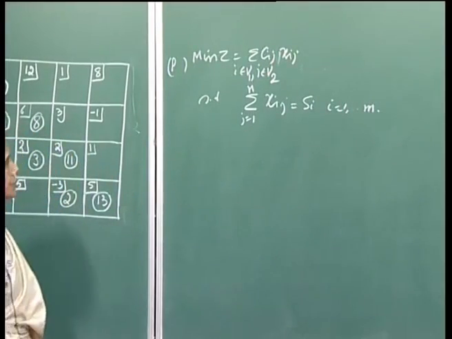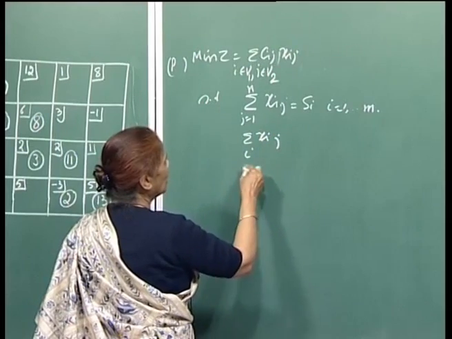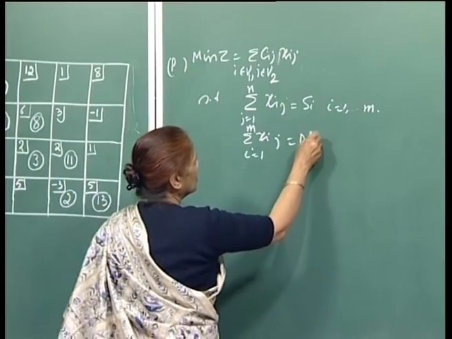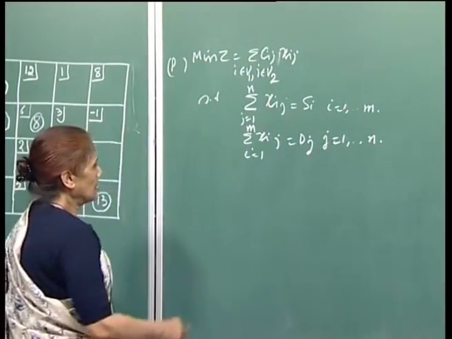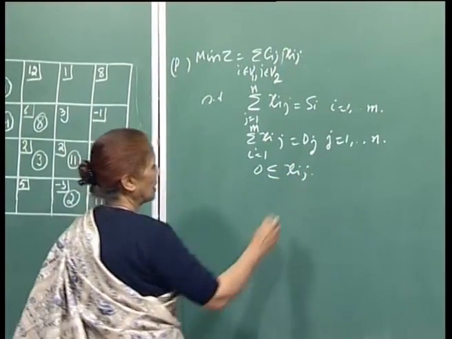These are your supply constraints and summation Xij, summation over i varying from 1 to m is dj, j varying from 1 to n. And right now we are looking at simply this for all ij.